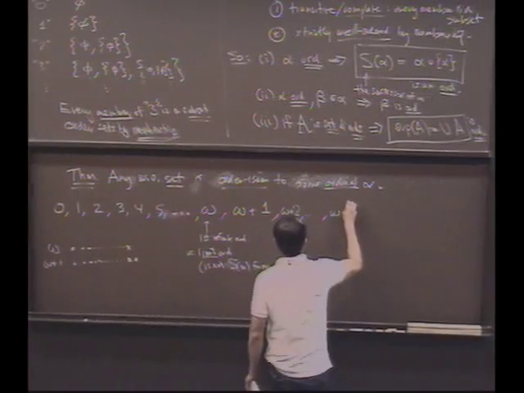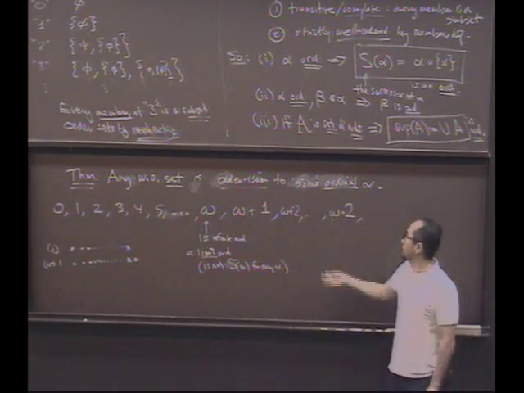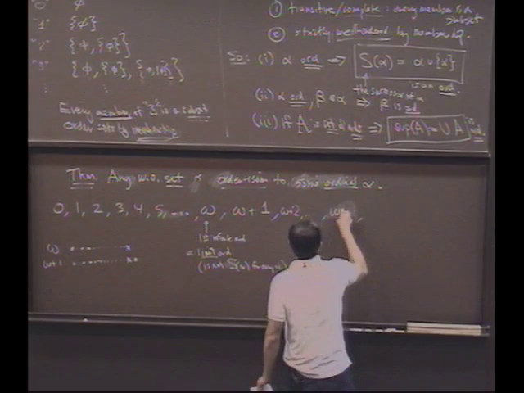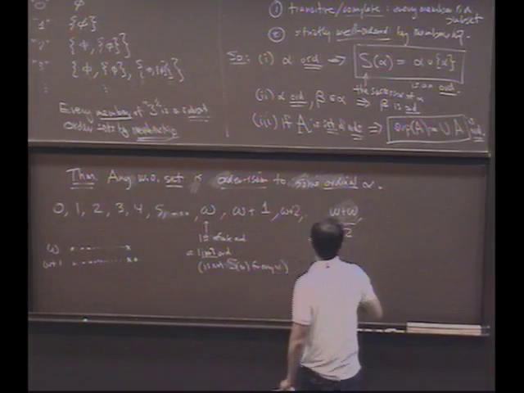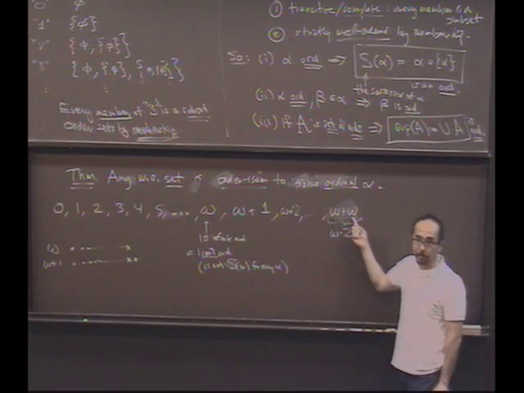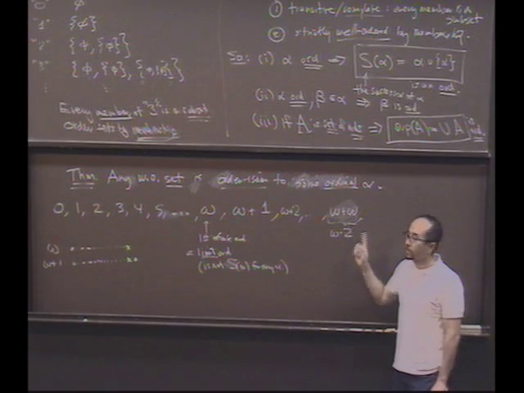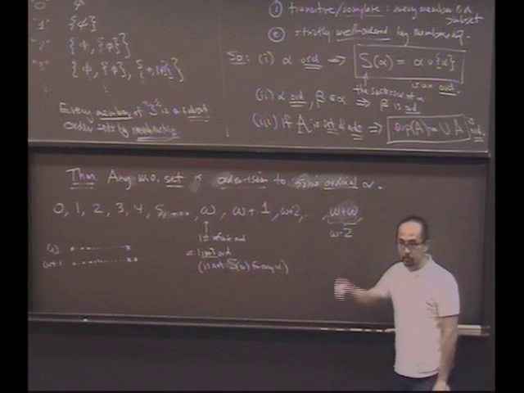We call it omega times 2. Because it's omega, if you like, we write omega plus omega, and we write omega times 2. It means do omega order type first, and then do another omega. Okay? This is not the same as 2 omega, which would be omega many 2's.